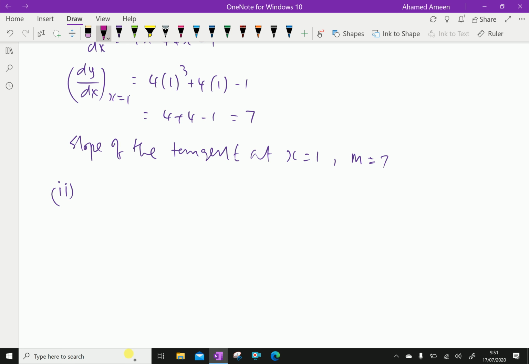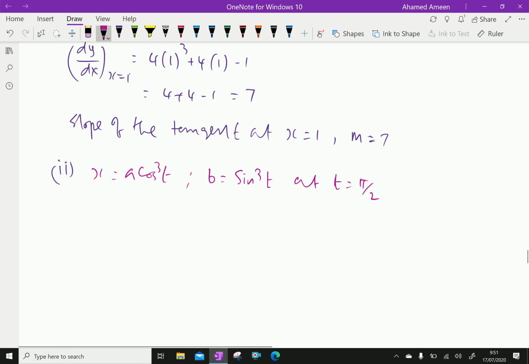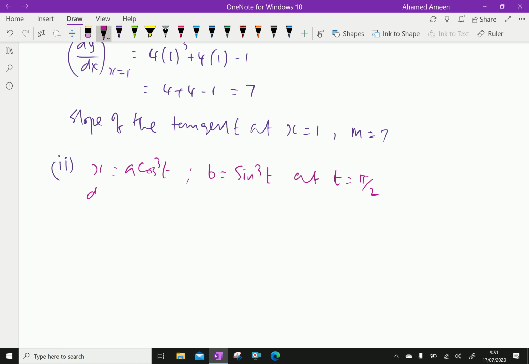Next, the question number 2. The curve is given as x equal a cos cube t and y equal b sin cube t at t equal pi by 2. So we will differentiate with respect to x. dx by dt equal 3a cos squared t, and cos t differentiation is minus sin t.